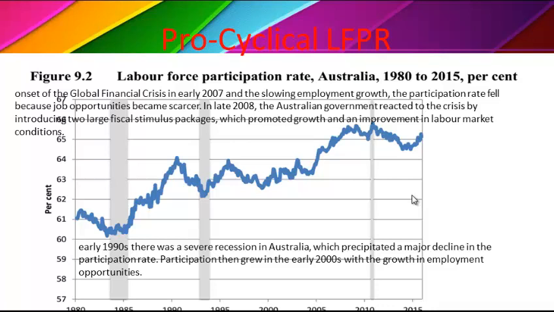In 2007, when the global financial crisis hit, the employment growth slowed and the participation rate also fell. The Australian government reacted to the crisis by introducing 2 large fiscal stimulus packages. What's a fiscal stimulus?